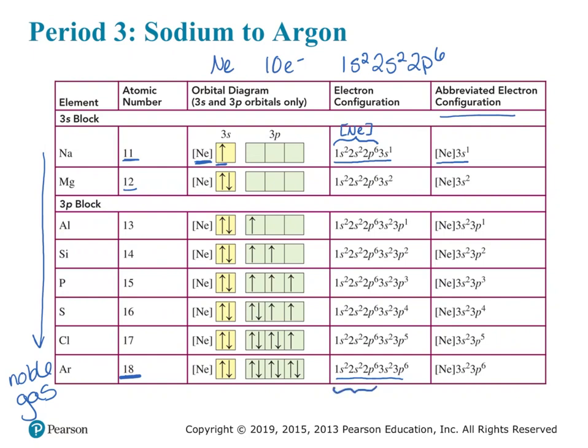And we can abbreviate this by substituting the first 10 electrons with neon. So we get neon 3s2, 3p6. However, we can also use argon in abbreviated electron configurations for the next row of elements. So we always use noble gases to abbreviate. We never use any of the other elements, just the noble gases.